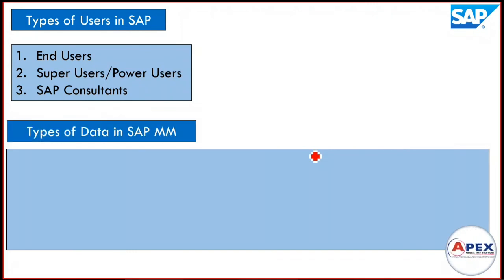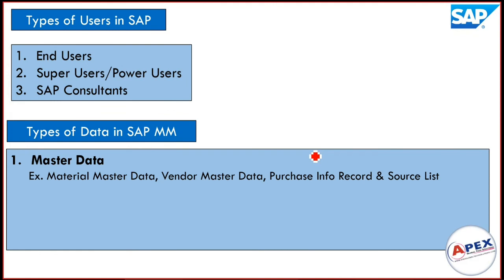Next, what type of data do we need to maintain in SAP MM? First, master data, which I already told you about. We have material master data, vendor master data, purchase info record and source list. Material master data means we have different types of materials that we have to maintain in SAP MM. We have several vendors that we need to maintain.